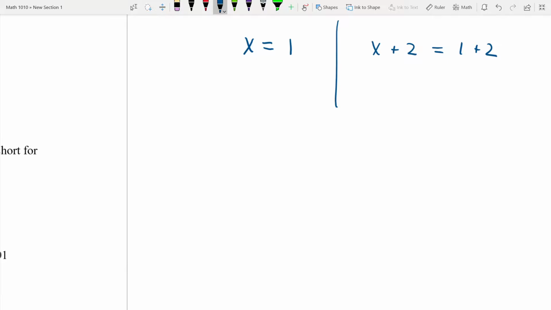I added 2 to both sides, which is acceptable to do. So then this equation is equivalent to this equation. So Jesse's group over here, they said a log is equivalent to an exponential. And that's exactly right. It means it's the same thing. I just wrote it a different way.